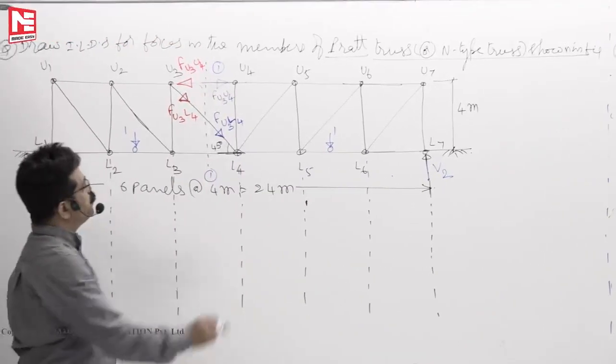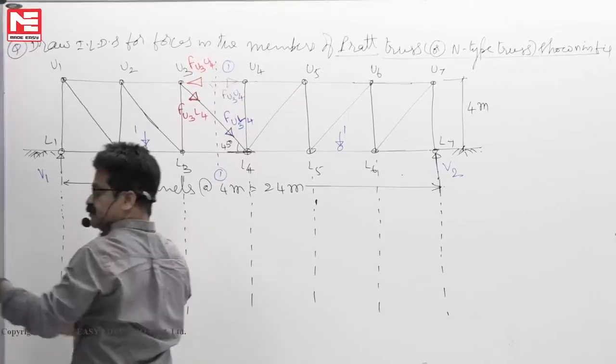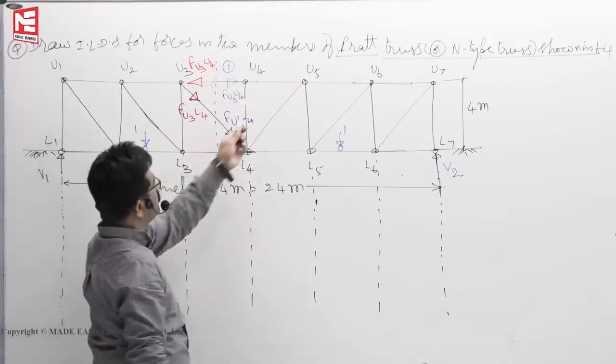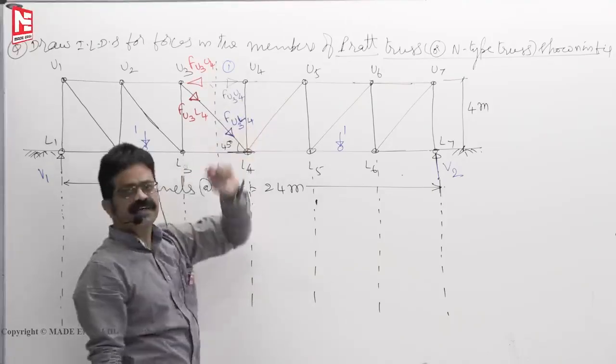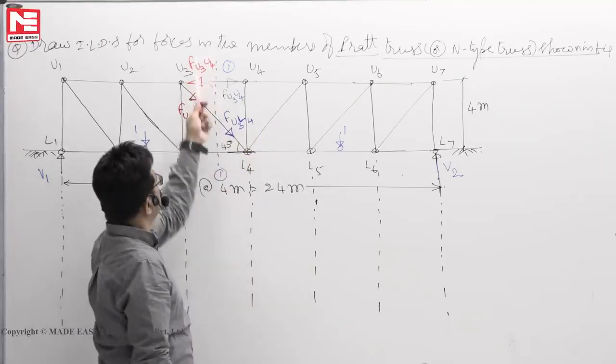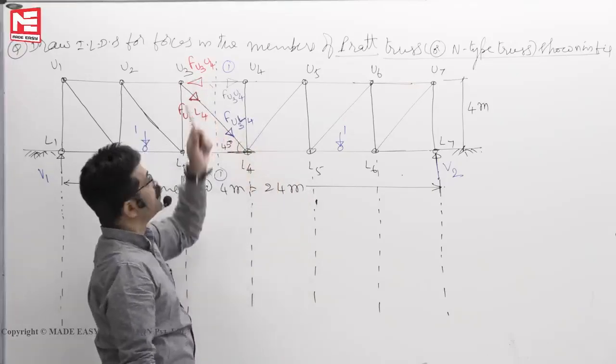Now you see, U4L4 means you have to cut it. How shall we cut this U4L4? If I cut like this, 1, 2, 3, 4 are cut. We should not cut 4. If I cut like this, 1, 2, 3, 4 are cut.